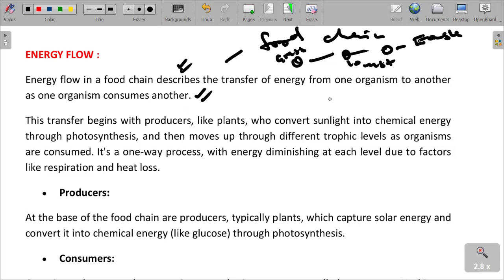So what we are saying is that an energy flow identifies the movement of energy from one organism to another as they interact and interdepend. It shows the transfer of energy among organisms as they interdepend on one another.